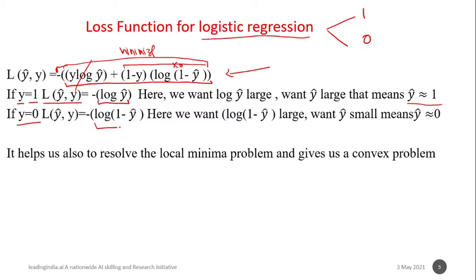This part is maximum when y cap is at its minimum value, and the minimum value we are looking for is 0. Once y cap is 0, this is maximum, so the total will be the minimum value. So at the end, we have made a minimization problem, where we want to reduce the loss. This gives us the opportunity to make this a convex function so that we can easily minimize it.